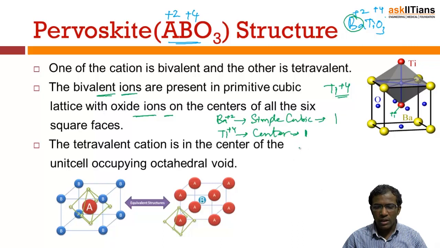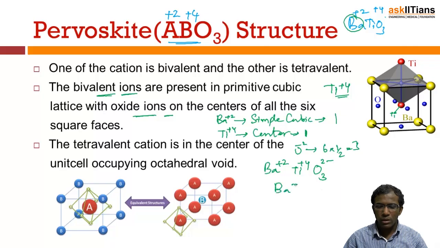Oxide ions are present at the center of the 6 faces, so it will be 6 into 1/2, that will be 3. So there will be one bivalent ion, that is Ba+2, one tetravalent ion, and three oxide ions. So the formula will become BaTiO3.